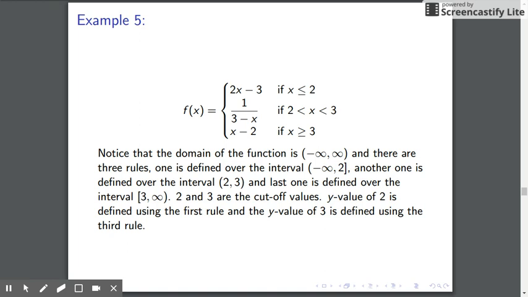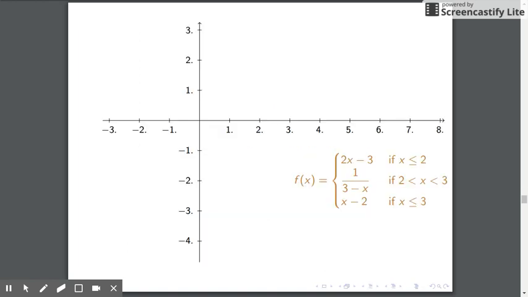Cutoff points: look, there is a 2 in here that cuts off everything below. Then it shows up in the next rule, and then another place that it cuts off is 3, and it shows up in the next rule as well.